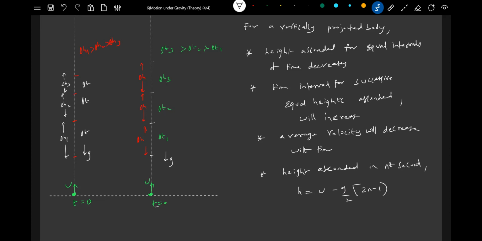Okay, let's do one thing. We'll go for the next topic. I'm going to throw a stone. These will be very interesting graphs that I'm going to bring now.